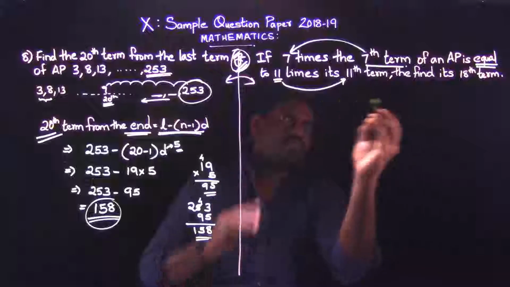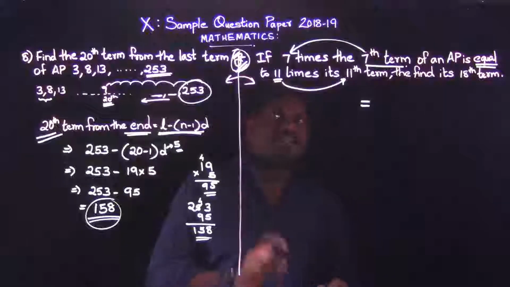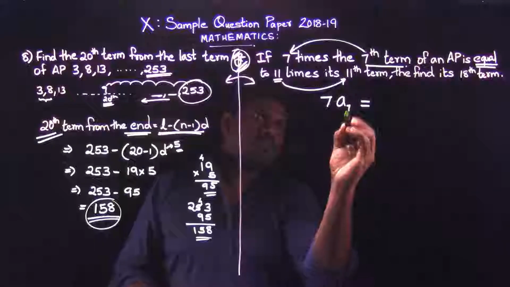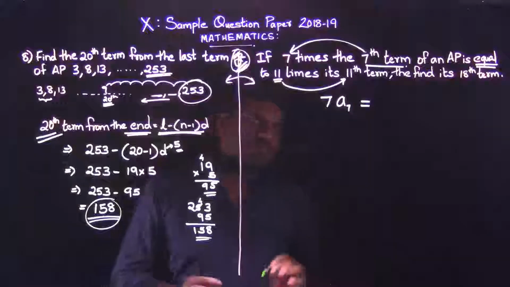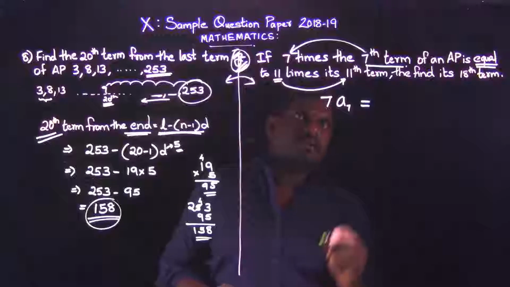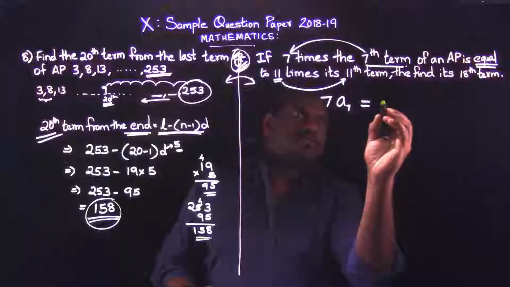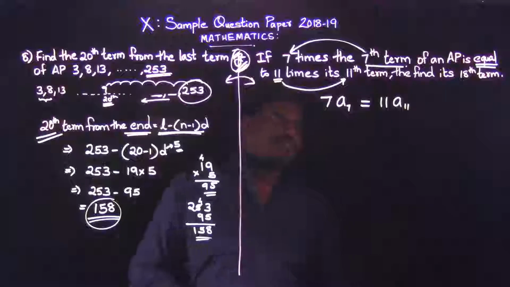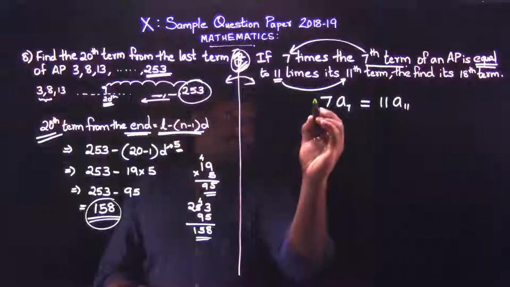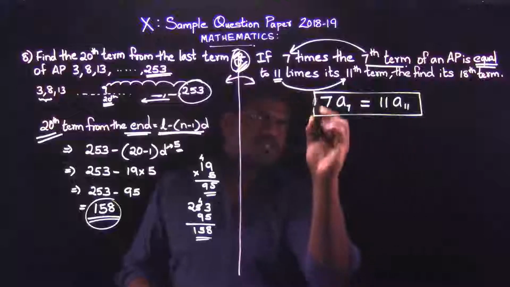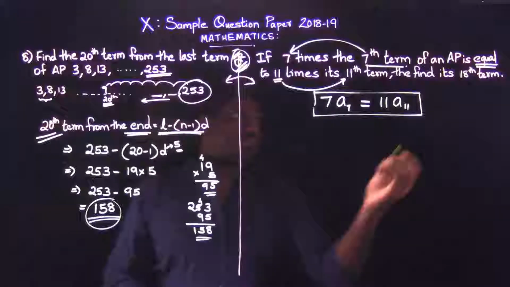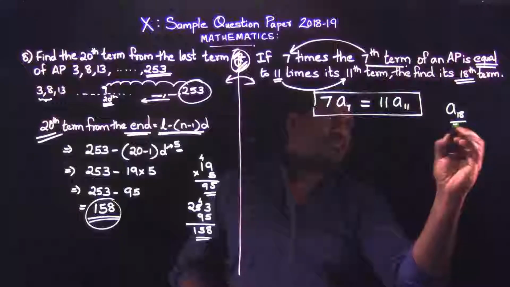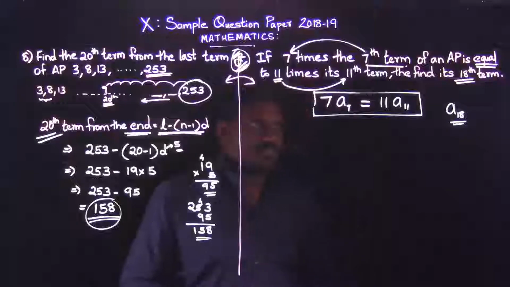So something is told to be equal: 7 times the seventh term is equal to 11 times the 11th term. I think it is pretty clear. So this is what is given, and what you are supposed to find is the 18th term.